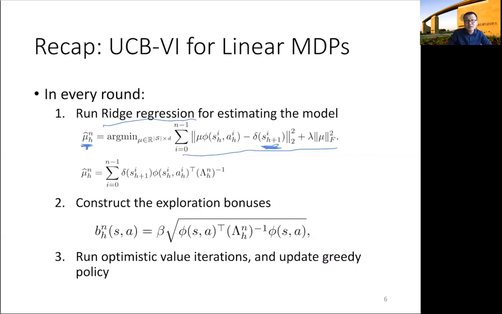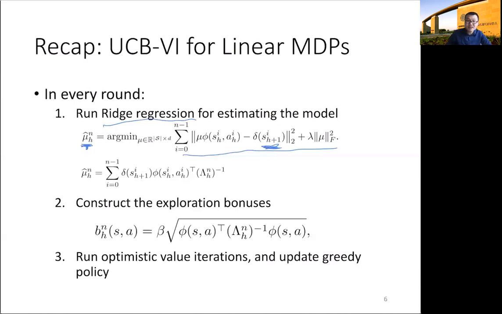The reason is that no matter what you put in those S that are not observed, it is not going to affect the objective function. In fact, you should always choose it to be 0 because you're penalizing those coordinates. If you choose them to be non-zero, then this value will be strictly larger than 0 and it becomes suboptimal. So you can see the sparsity of the output by just observing the optimization problem.